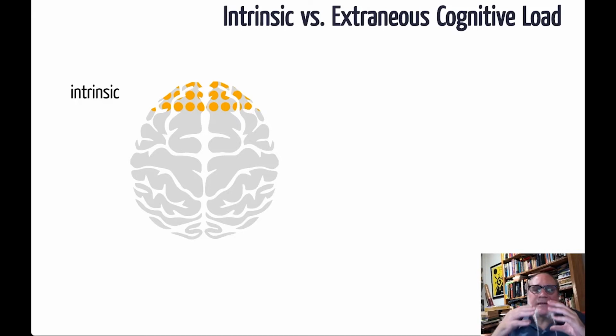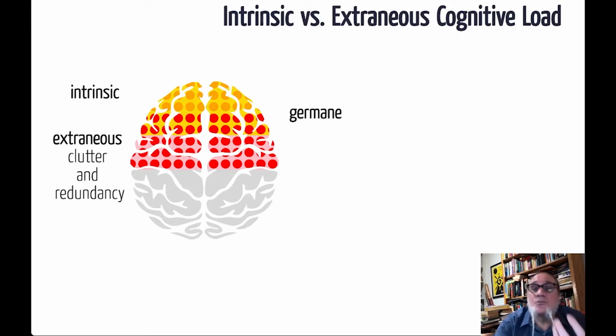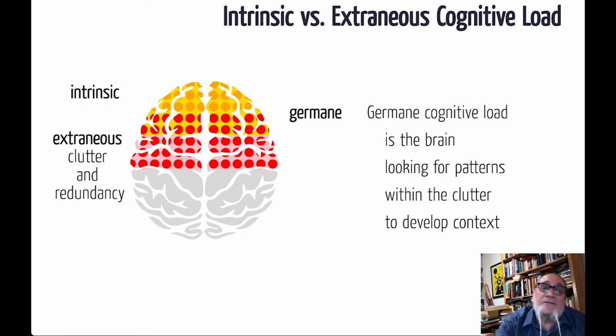It always takes some minimal amount of mental effort to understand something. Then there's the extraneous cognitive load. This is everything that's not the core. It's the clutter, it's the redundancy, it's everything else. And then there's something called germane cognitive load. It's the brain looking for patterns within the clutter to develop context to be able to better understand the intrinsic load.